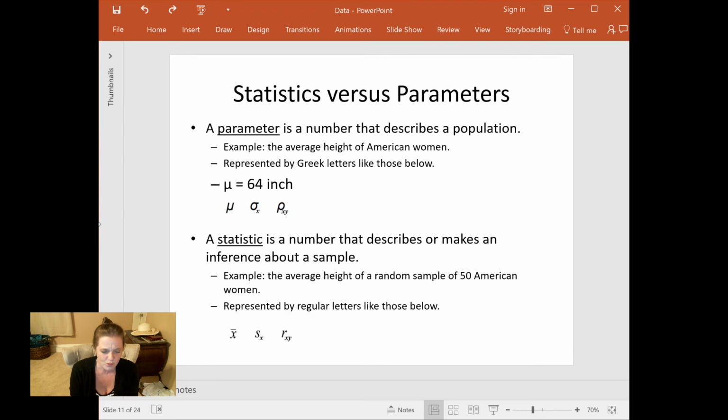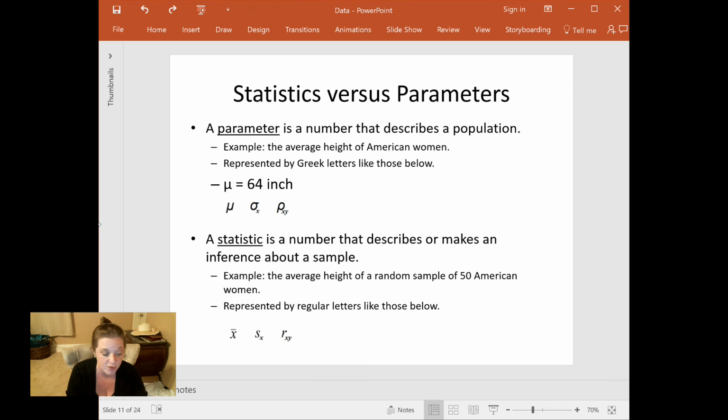So the next thing I want to talk about is the symbols that we use to represent parameters and statistics, because this class is all about symbols. It's all about using symbols to represent different numbers. Now, most of you are probably familiar with the symbol pi from math.